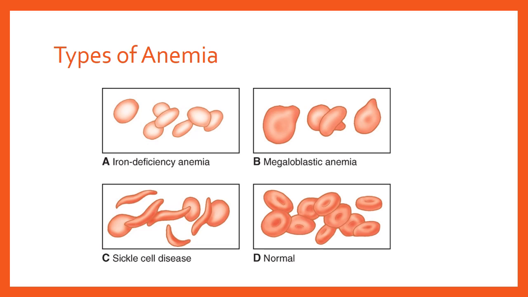Different types of anemias are pictured on this diagram. Iron deficiency anemia will be when the cells are small because we don't have enough iron to make big cells or normal cells. Megaloblastic anemia is when the cells are huge, and it's usually B12 or folic acid deficiency.